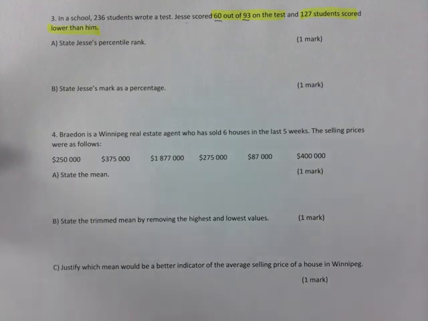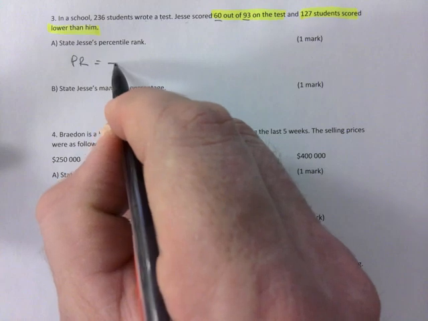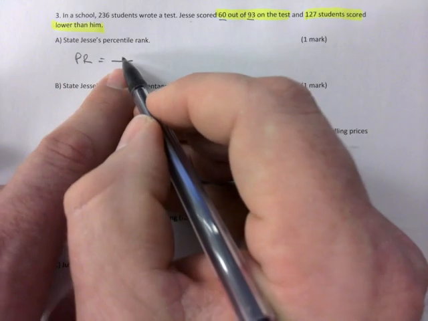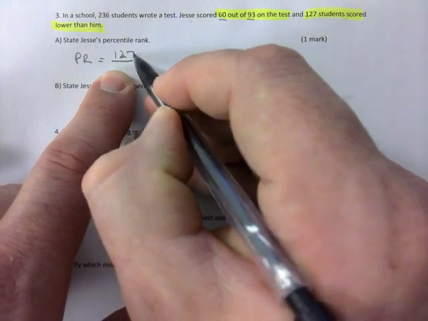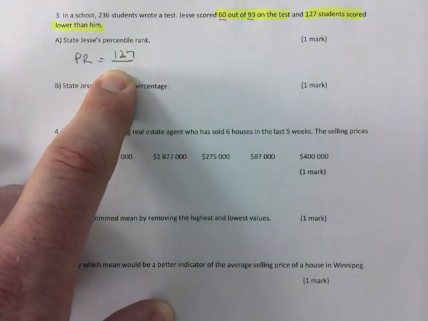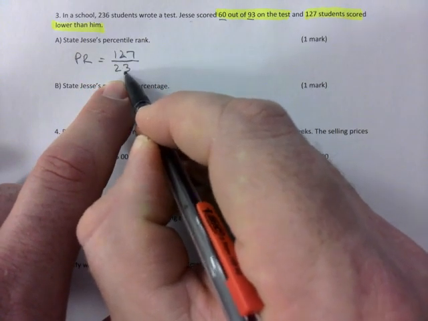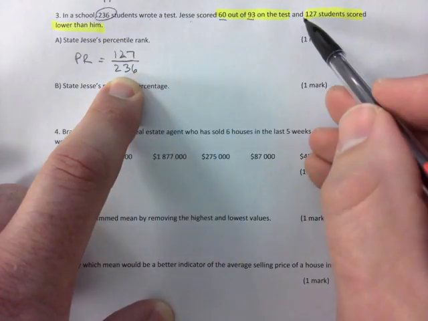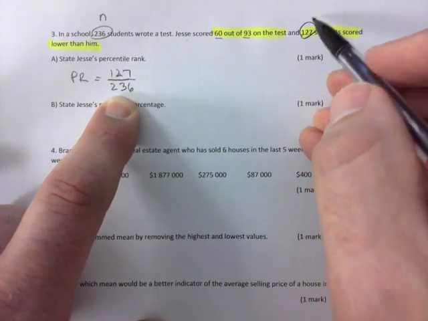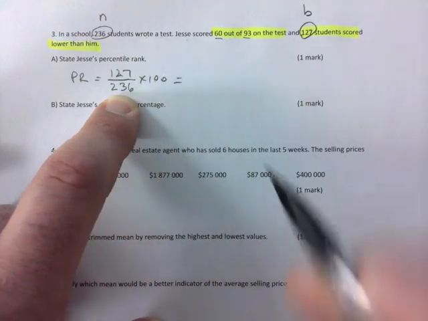State Jesse's percentile rank. So for percentile rank, remember what you need. The formula calls for B, which is the number of students that scored lower than, in this case, Jesse, out of what? There are 236 students total. This is basically N, and this part is B. 127 is B, and I'm going to multiply that by 100.